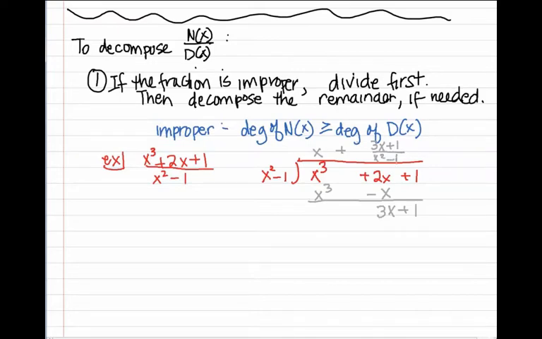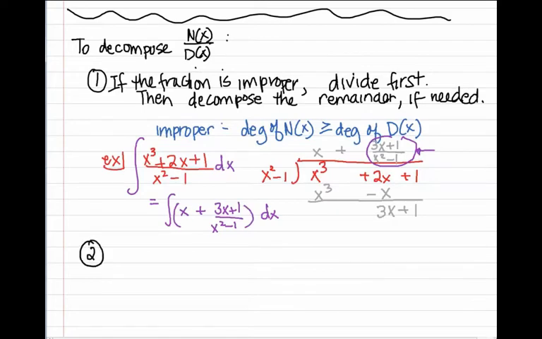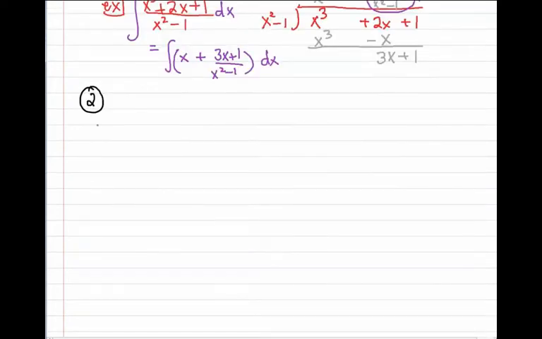And later I can actually continue to decompose this for you guys if you need it. But this is the part that you'll end up decomposing, because for instance this would be an integral, and this would now equal the integral of x, which you can do, plus 3x plus 1 all over x squared minus 1 dx.